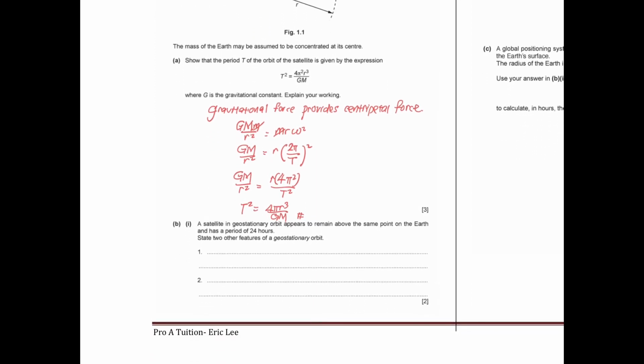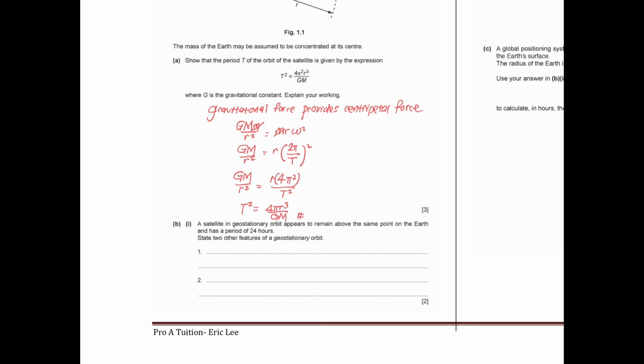Now B, a satellite in geostationary orbit appears to remain above the same point on the Earth and has a period of 24 hours. State 2 other features of a geostationary orbit. So state 2 more features.